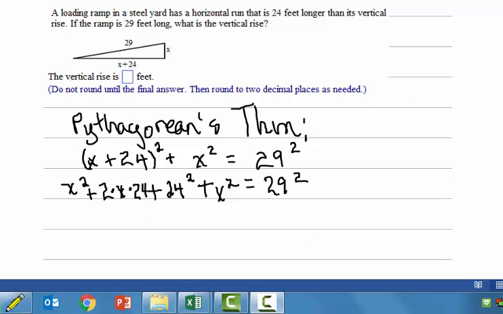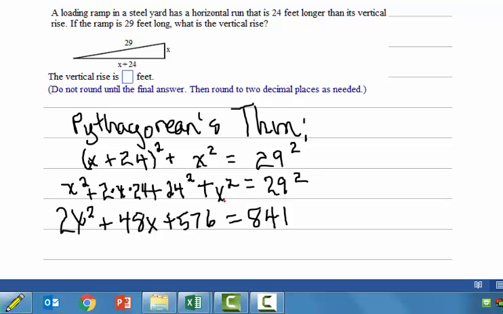Alright, so let's expand these terms out. We have x squared plus 48x plus 576. And when I add another x squared, I now have 2x squared, and that equals 841.